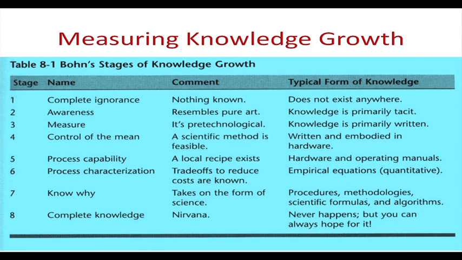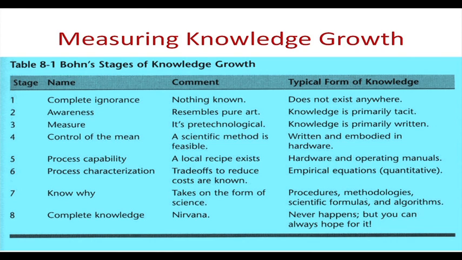If you look at these stages of knowledge growth, he identified incremental stages, starting with complete ignorance to complete knowledge, right. And at each stage, the typical form of knowledge is different. In complete knowledge, you have everything, but at the ignorance stage, you do not have any information.